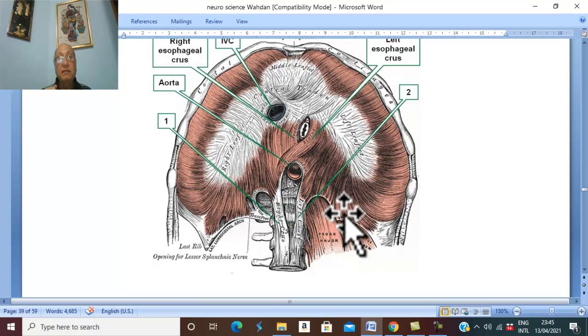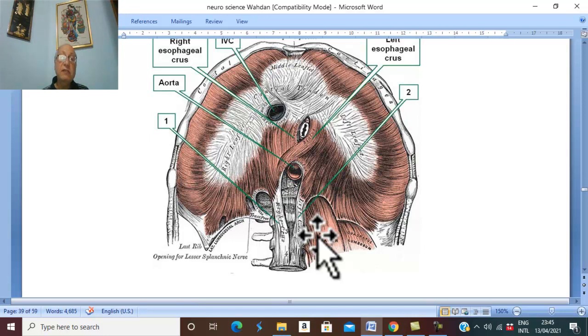Arcuate means curved. There is the medial arcuate ligament and the lateral arcuate ligament. The sympathetic chain ends by passing behind the medial arcuate ligament here, just lateral to the body of the vertebrae, to become continuous with the lumbar part of the sympathetic chain.